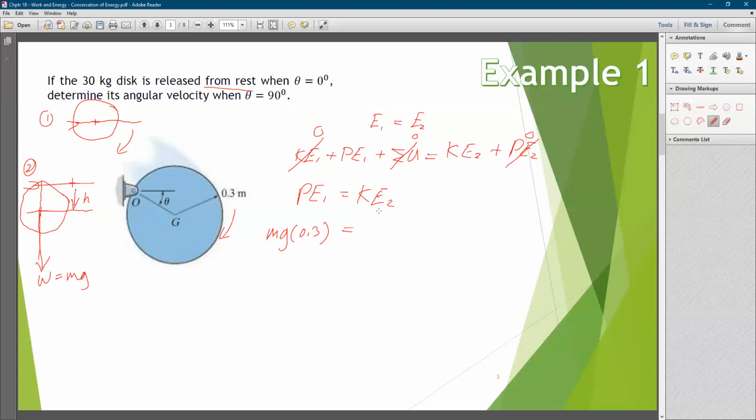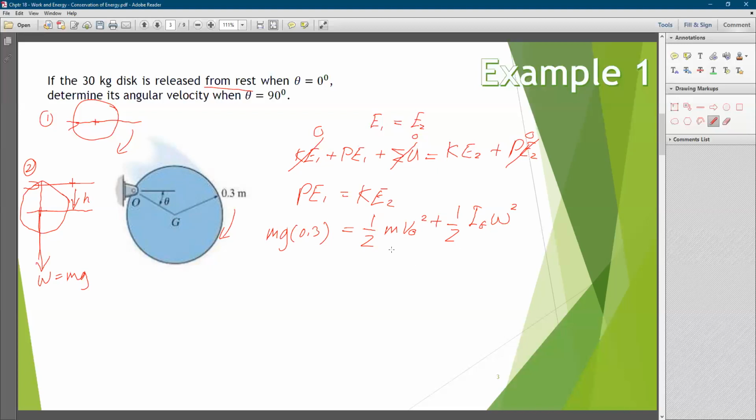So how about the kinetic energy? We have two parts: the translation and the rotation. For the translation, we have half m vG square plus half IG omega square.